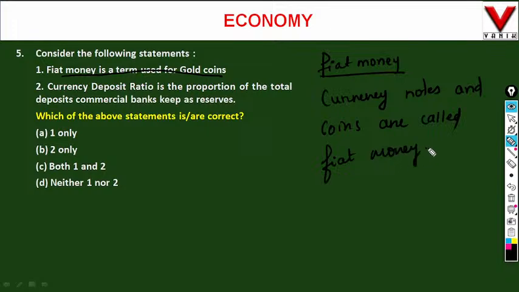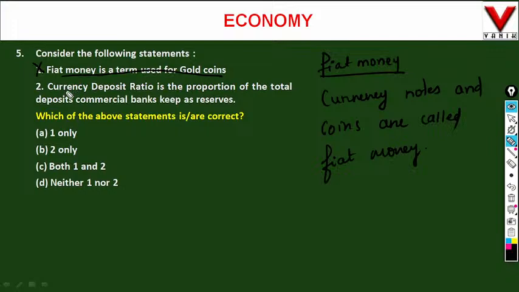Currency notes and coins are called fiat money. So the first statement proves to be wrong. Currency deposit ratio is the proportion of total deposits commercial banks keep as reserve.